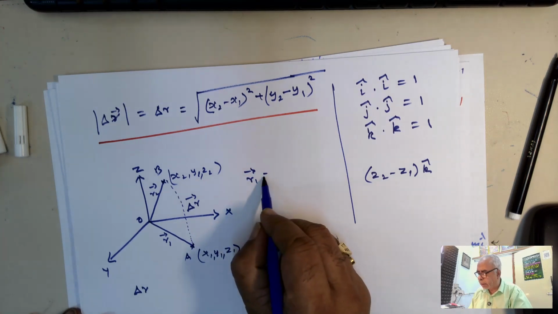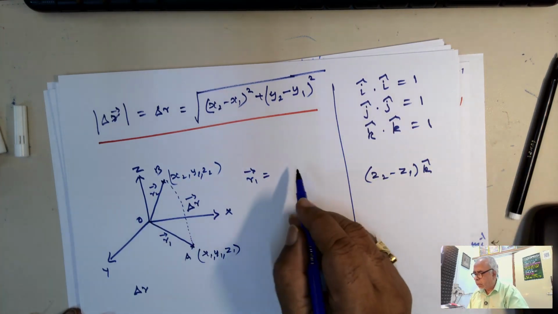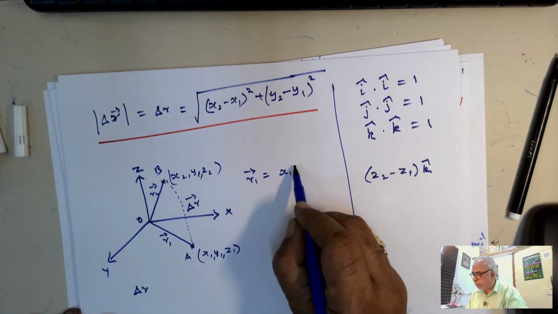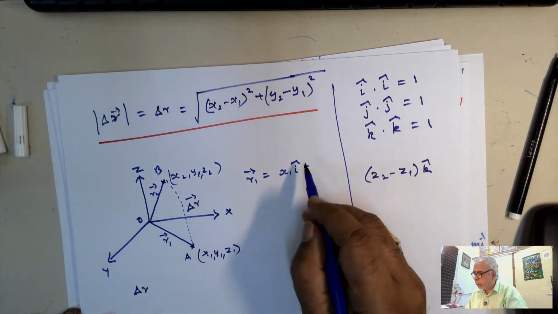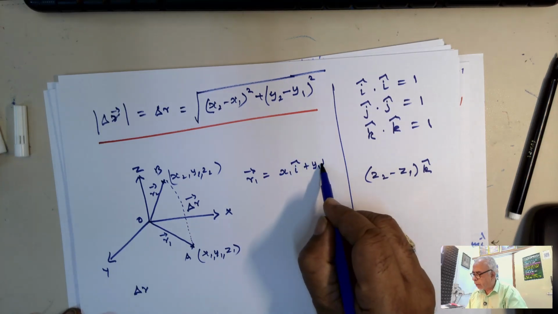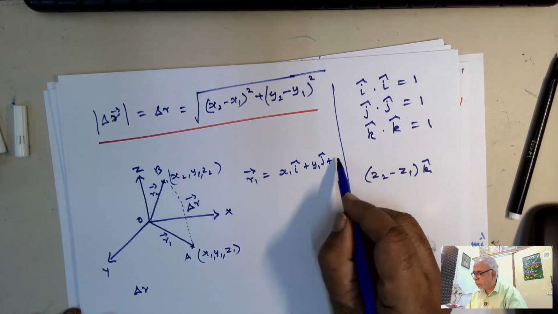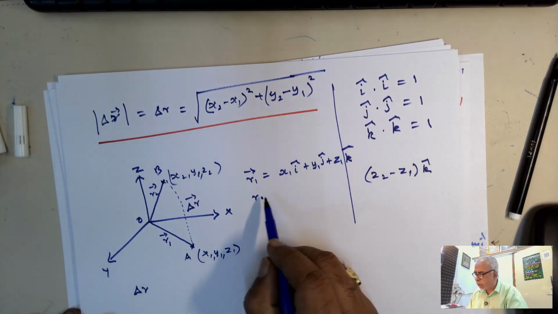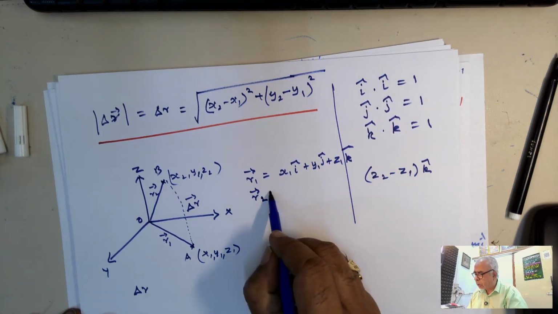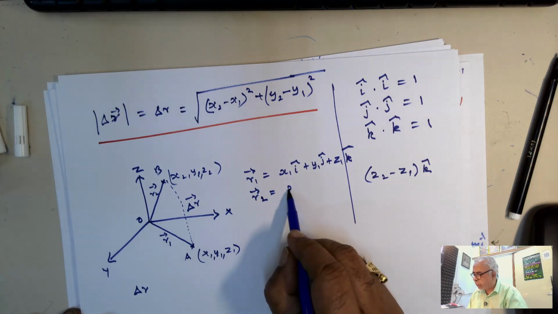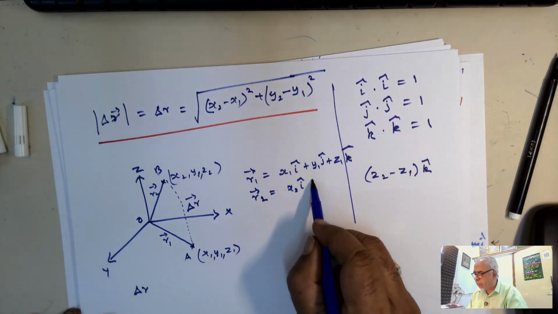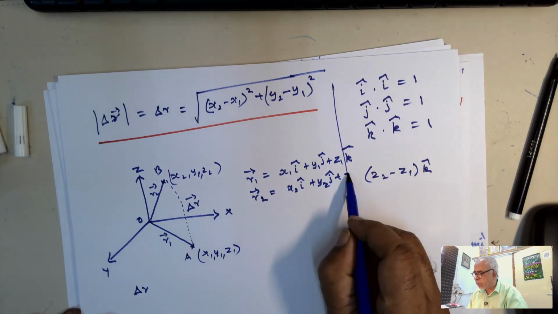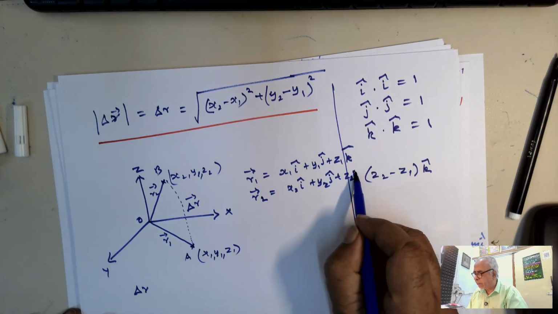The R1 vector is nothing but the composition of x1 i cap plus y1 j cap plus z1 k cap. Do you understand? And what about the R2 vector? Here you have to put x2 i cap plus y2 j cap plus z2 k cap.